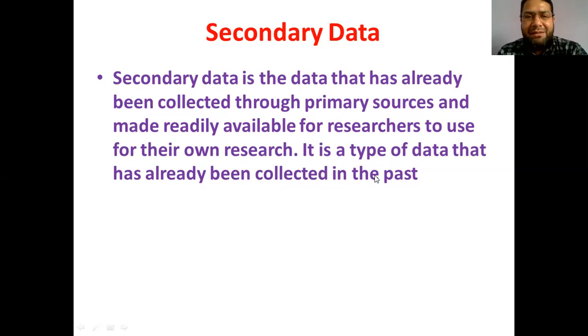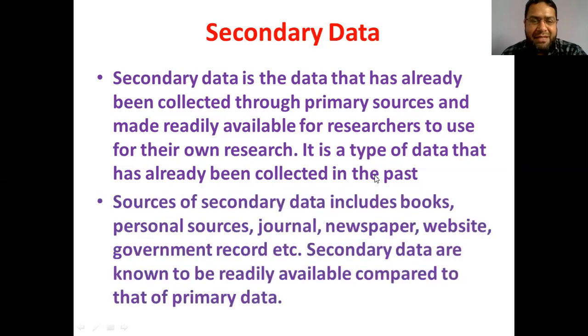Now I compile this data for my own purpose. Now my principal takes this data and uses it in his own presentation. So for my principal, this is the secondary data. It was readily available from me, as I had compiled it.